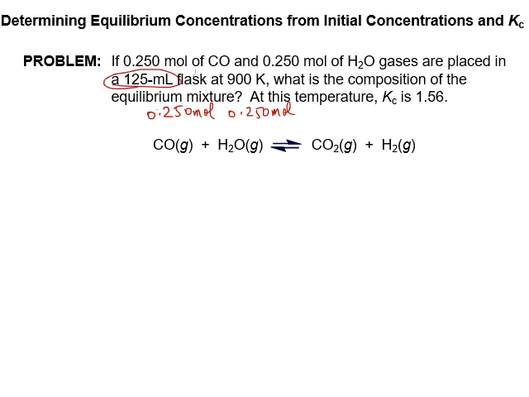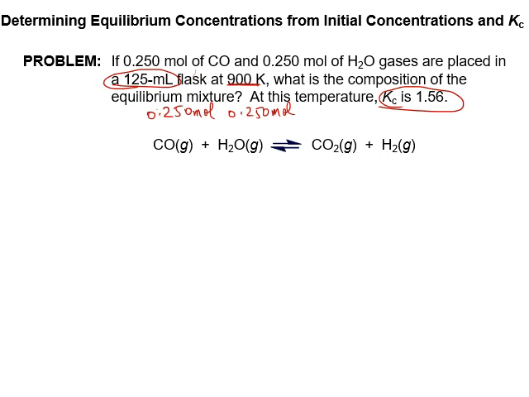So this is my volume at a certain temperature, and the temperature is not changing. And the question also tells me Kc is 1.56. The Kc is given to us in this case. It is asking what is the composition of the equilibrium mixture, meaning what all is present and how much of each component is present at equilibrium.